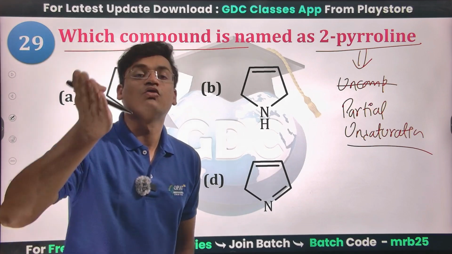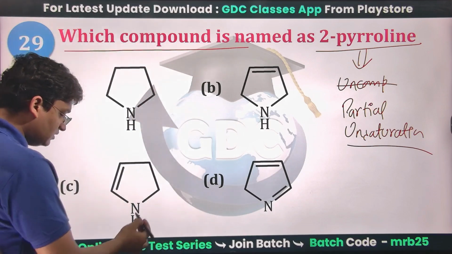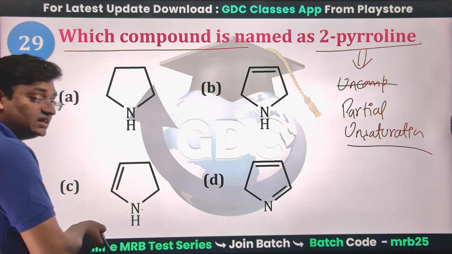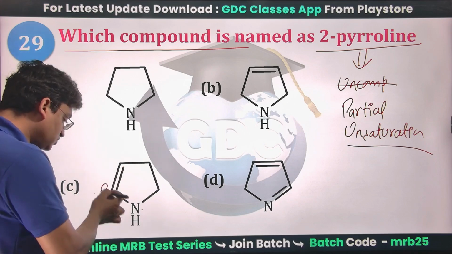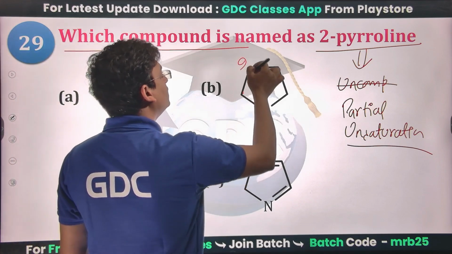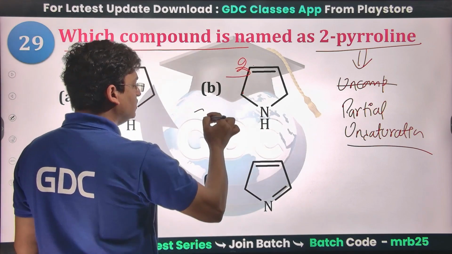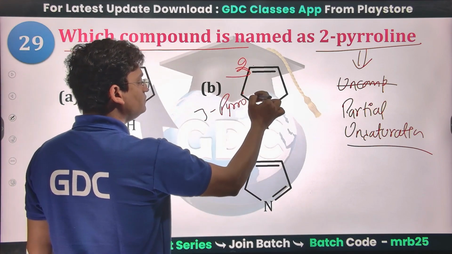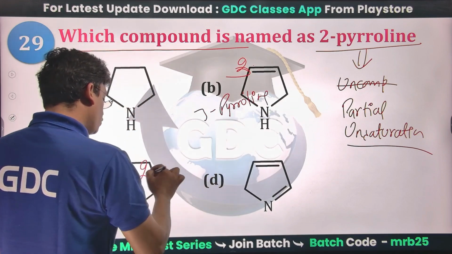named as pyrroline. Now nitrogen is here. The ene is present at the second position, so it will be 2-pyrroline, while this will be 1, 2, 3. So we will have 3-pyrroline. So this is actually 3-pyrroline, and this will be our 2-pyrroline.